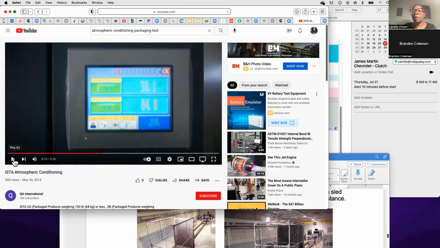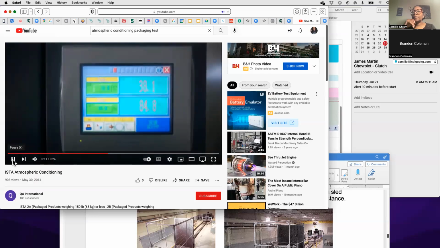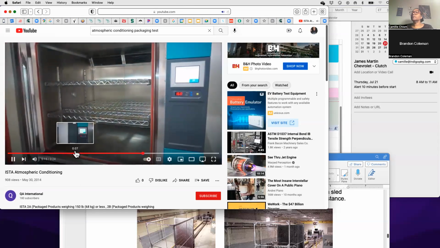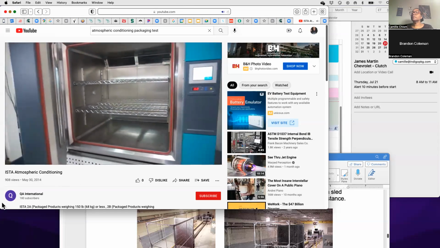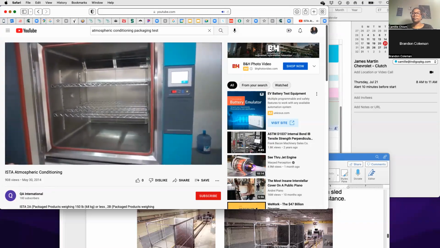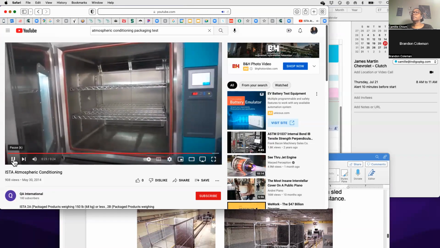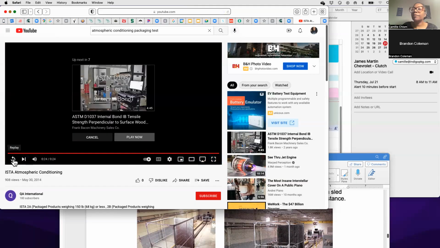But for most consumer products, they can put them in this chamber, and they can set it to whatever conditions they want. Okay, so that is it for that one.